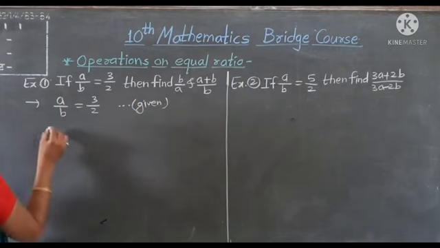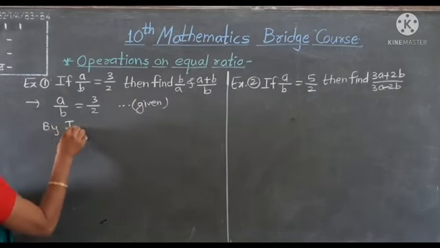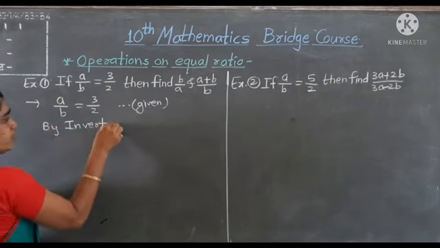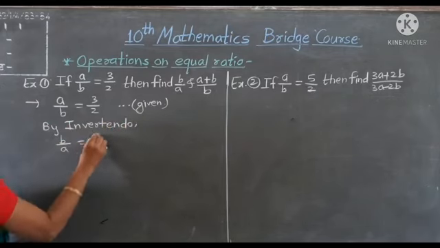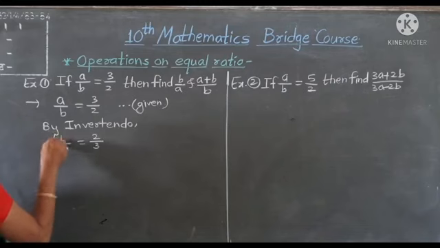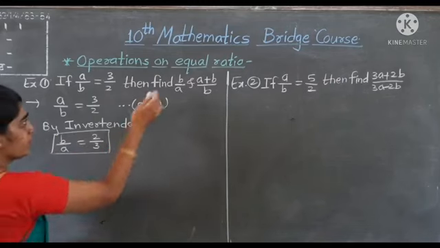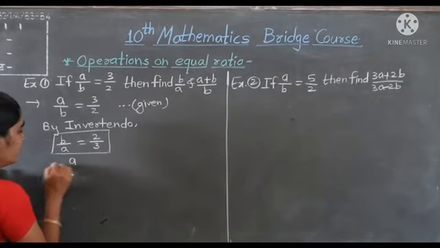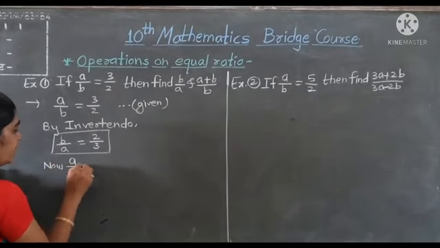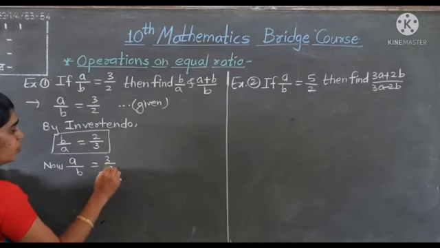Now you take invertendo. By invertendo you can write B upon A is equal to 2 upon 3. We get the first answer. Then from this, again A upon B is equal to 3 upon 2.